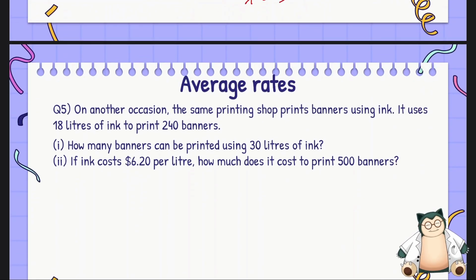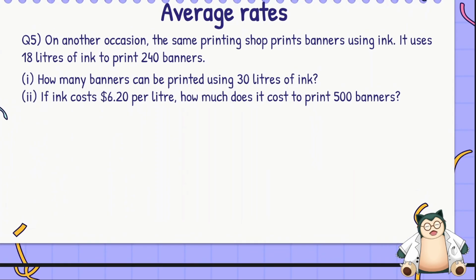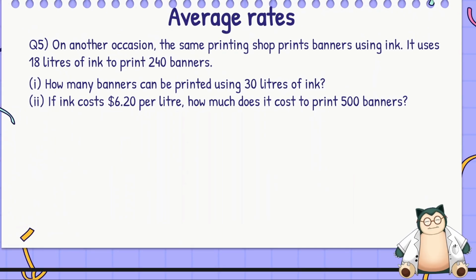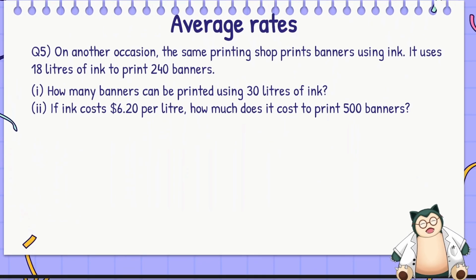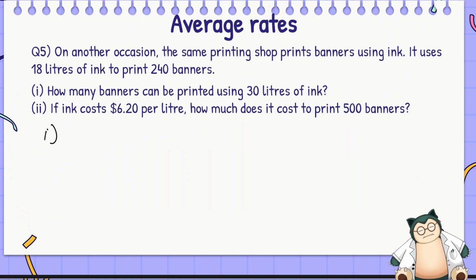Question 5. On another occasion, the same printing shop prints banners using ink, and uses 18 liters of ink to print 240 banners. How many banners can be printed using 30 liters of ink? Similar concept.